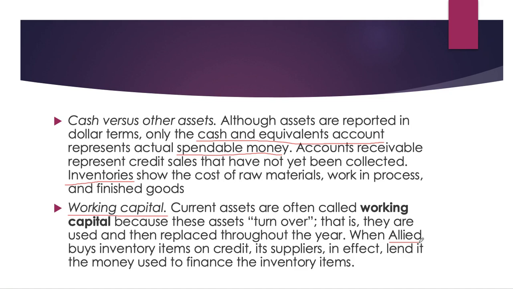Its suppliers, in effect, lend it the money used to finance the inventory items, because this purchase is done on credit, not immediate payment. Corporations usually pay their suppliers at some intervals, not right away, so it becomes effectively like a credit.